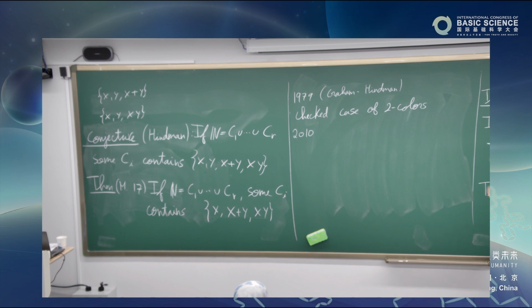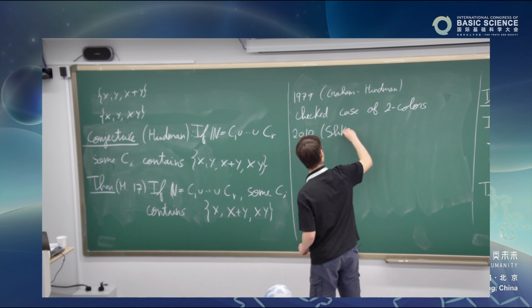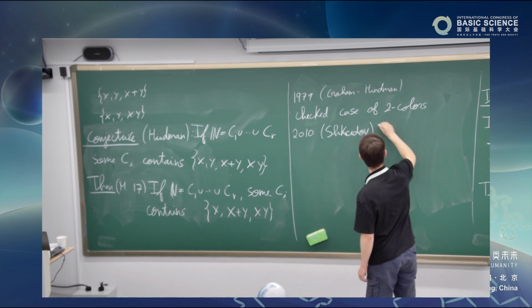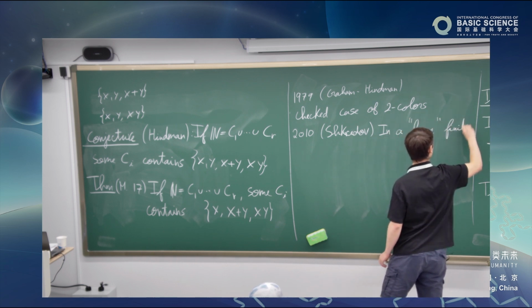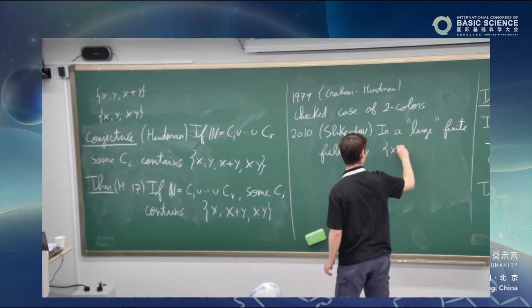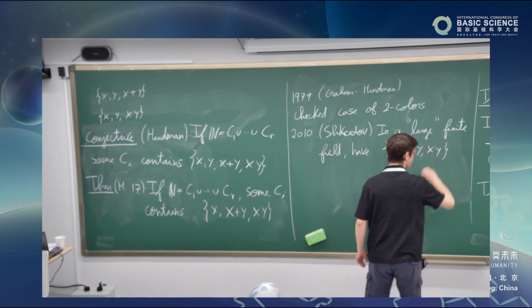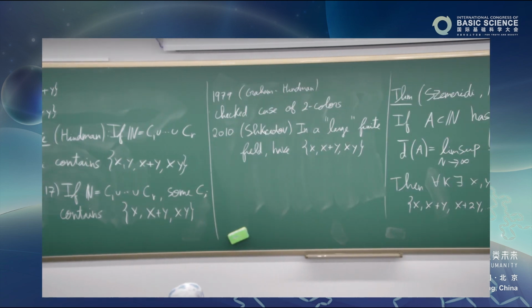And in 2010, people started looking at analogs of this conjecture, not in N, but in finite fields. And so the first result, which is due to Shkredov, said that in a sufficiently large finite field, I'll say verbally what the result is: if you tell me how many colors you want to use, I'll give you a value such that any finite field larger than that value, sufficiently large depending on the number of colors, will have a monochromatic pattern like this anytime you color it with that number of colors.